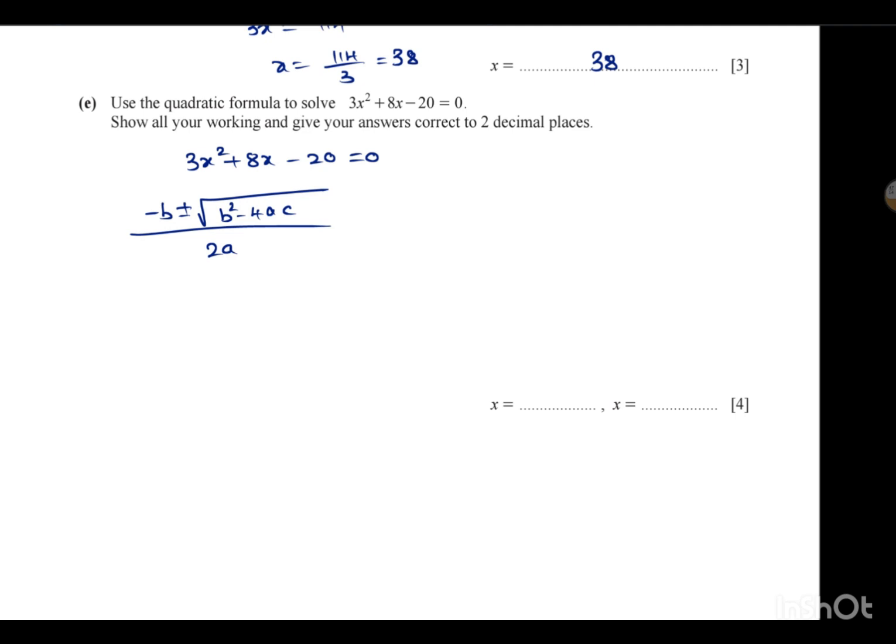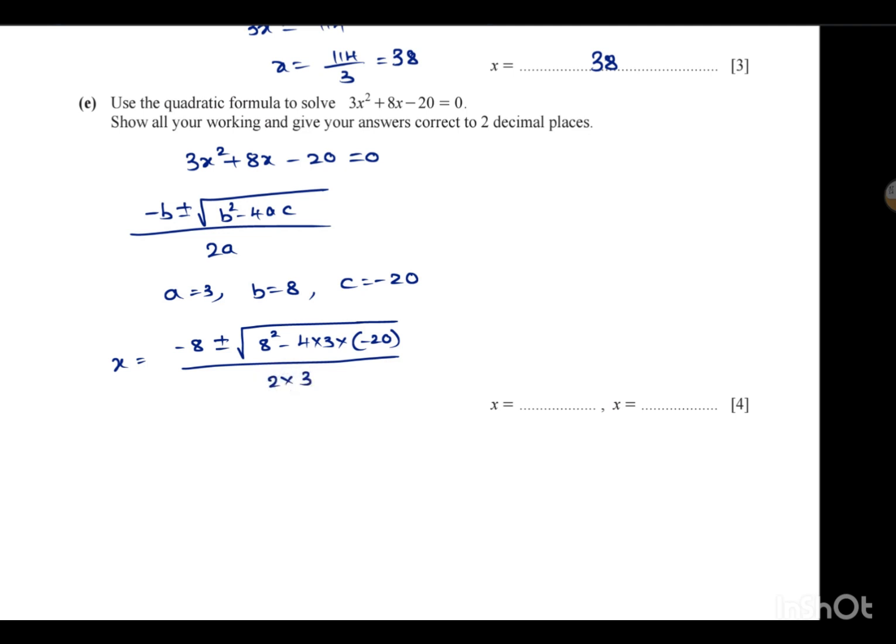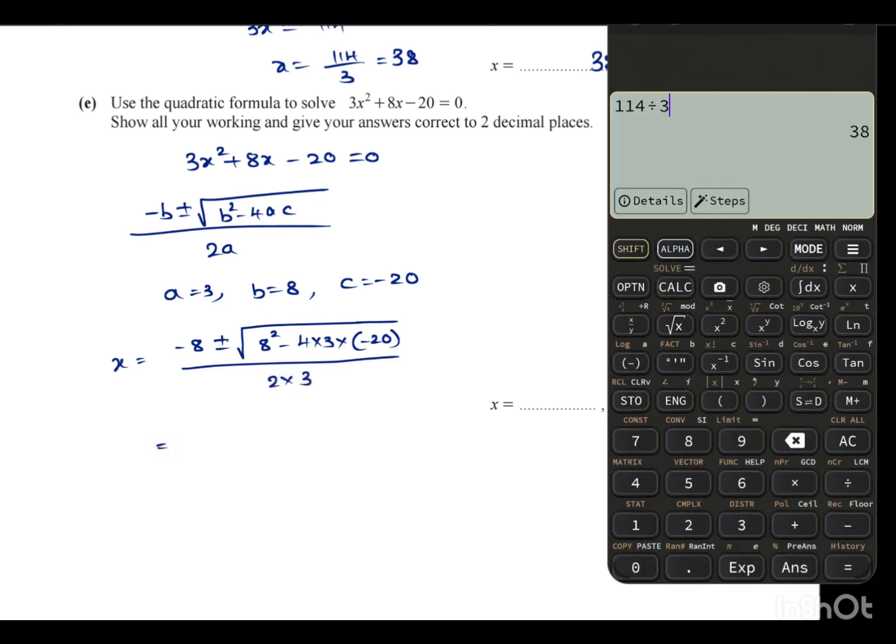Here a is 3, b is 8 and c is equal to minus 20. Substitute that: minus 8 plus or minus square root of 8 square minus 4 into 3 into minus 20, by 2 into 3. Use your calculators.